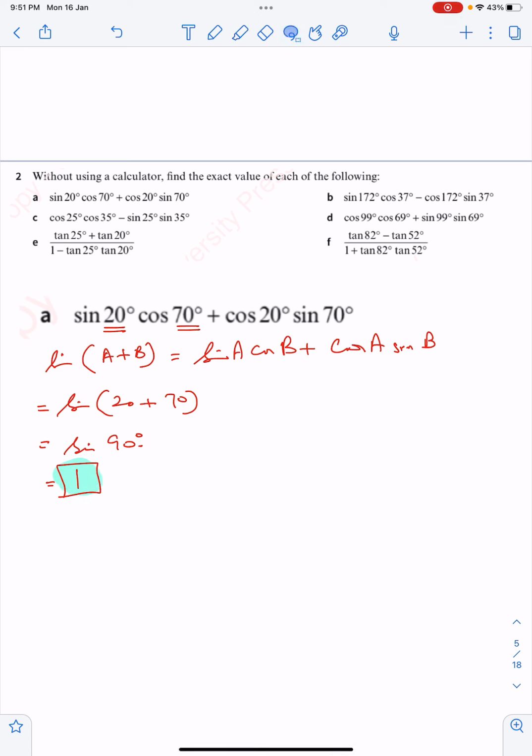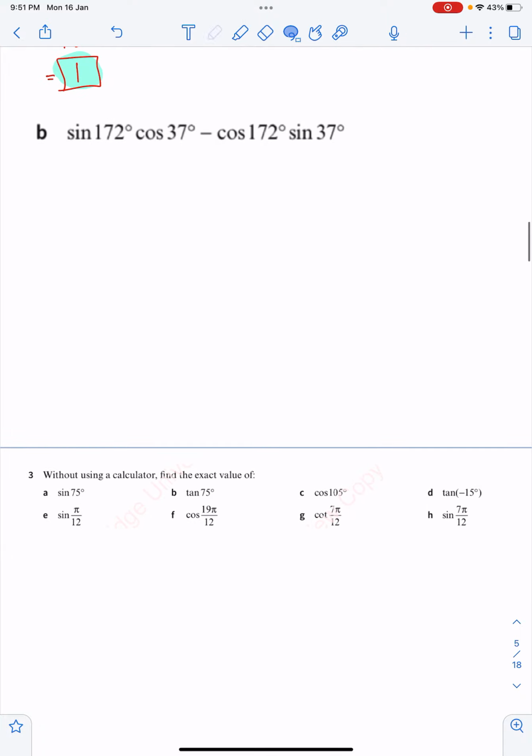Moving on to question number b part, I will be doing a few of these questions. So if I do the b part, if you compare it with the formula sine of A cos of B minus cos of A sine of B equals sine of A minus B, in this case we know that A is 172 and B is 37.